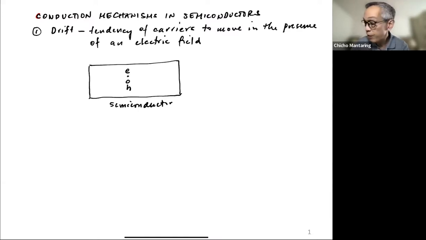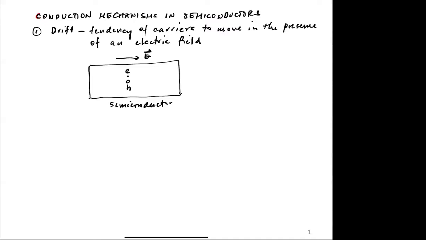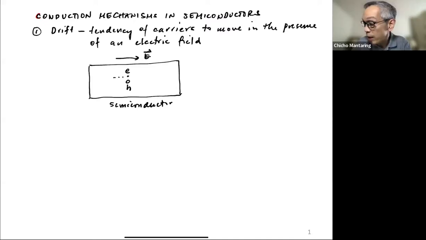If I have an electric field in this direction, where will my electron go? Will my electron go right or left? Can I hear a shout out? Left. Okay, so this electron will tend to go to the left. Then on the other hand, the hole will tend to go to the right.